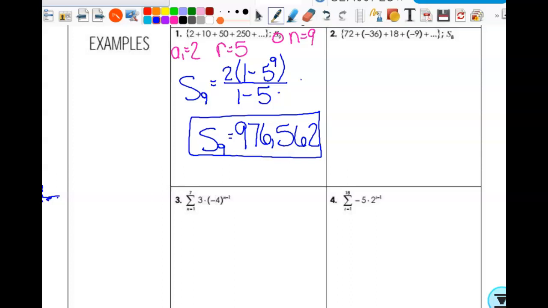Okay. All right, so then let's see. For number 2, I want you to go ahead and find n, find a sub 1, find r, and then we'll make sure we all agree, and then I'll let you do the rest.